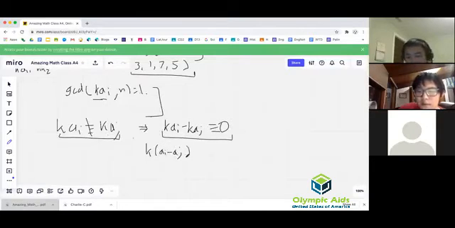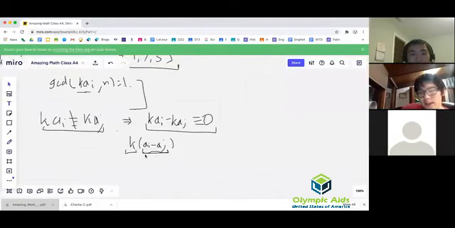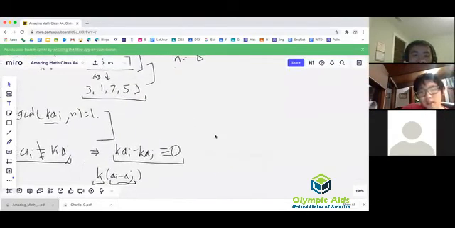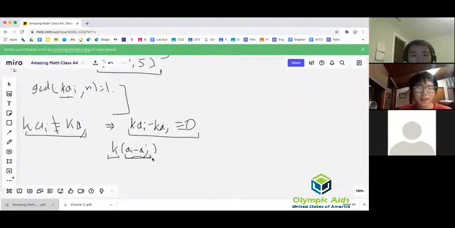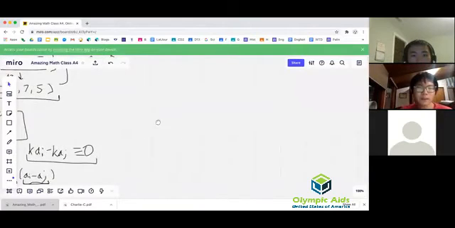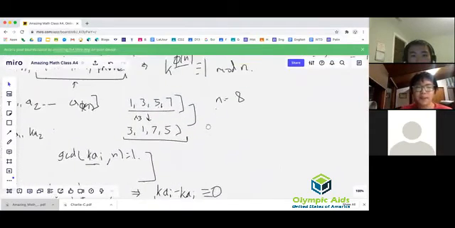If this is 0 mod n, that means this must be divisible by n. And since k is relatively prime to n, you need a_i minus a_j to be divisible by n for this whole thing to be divisible by n. But a_i minus a_j obviously can't be divisible by n because a_i and a_j are both smaller than n, and they're different. So that's basically the proof of that.